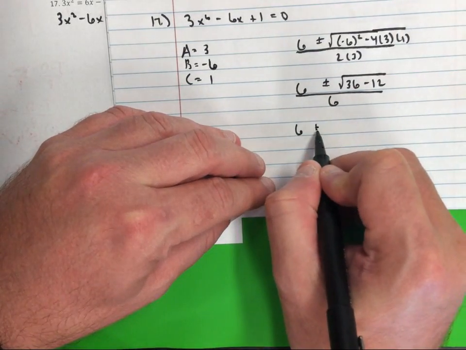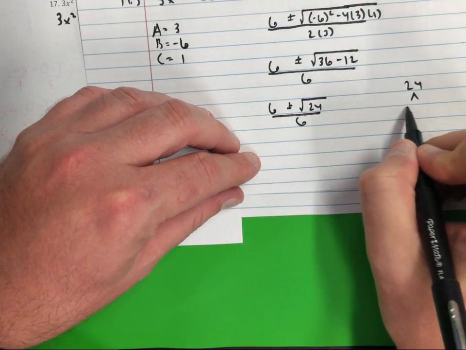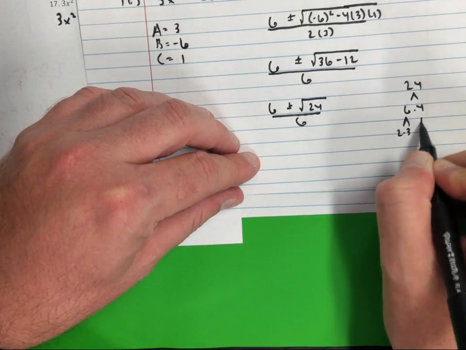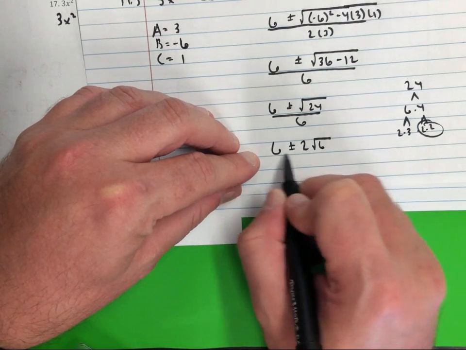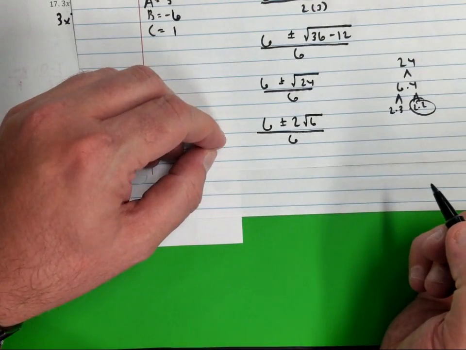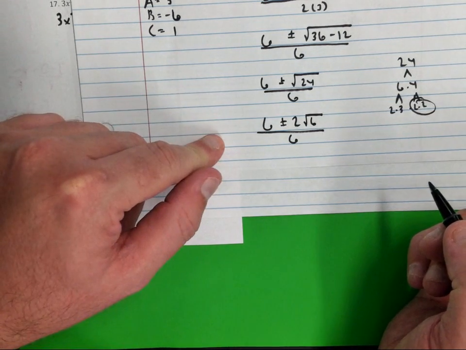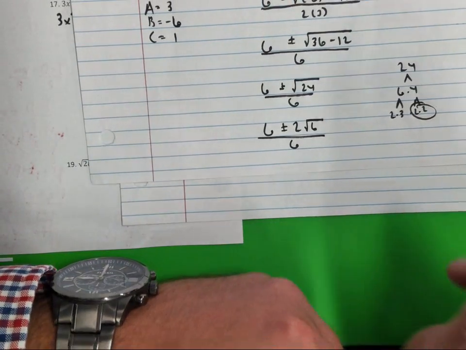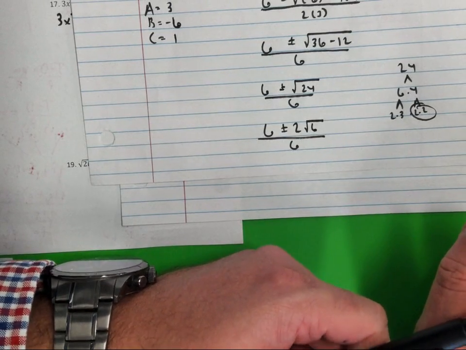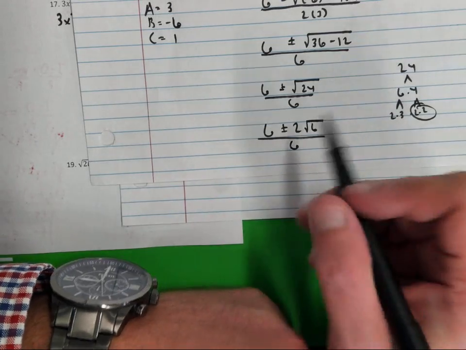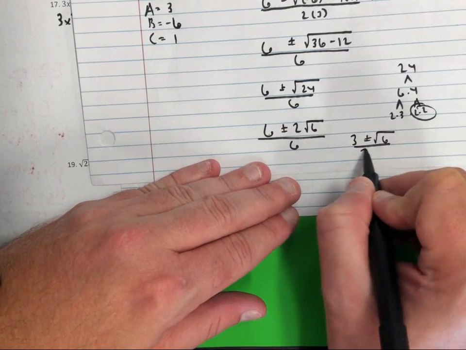So I get 6 plus or minus the square root of 24 over 6. I can break 24 down. So 6 plus or minus 2 square root of 6 over 6. Can I reduce that? What can I take out of all three of these? 2. So I'm left with 3 plus or minus square root of 6 over 3.